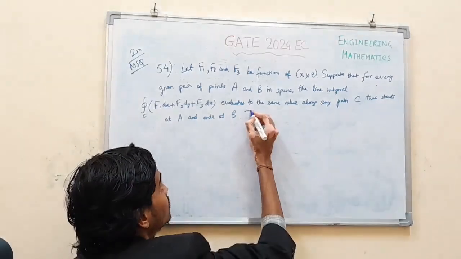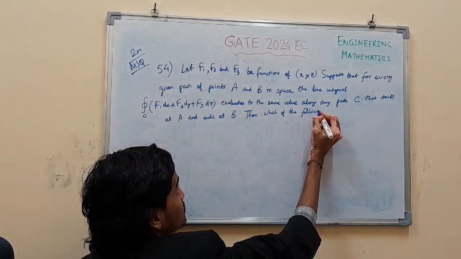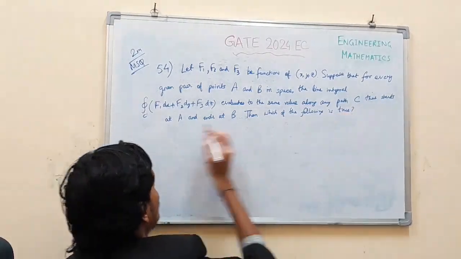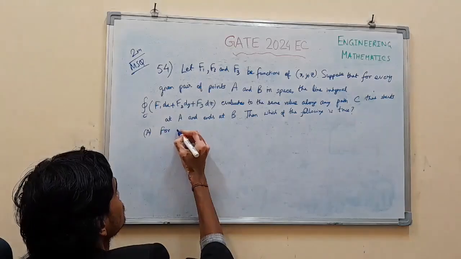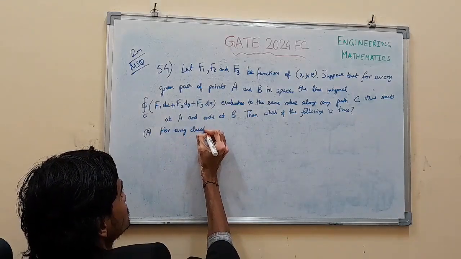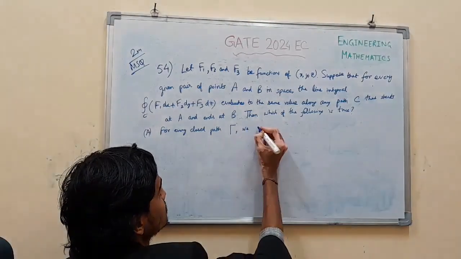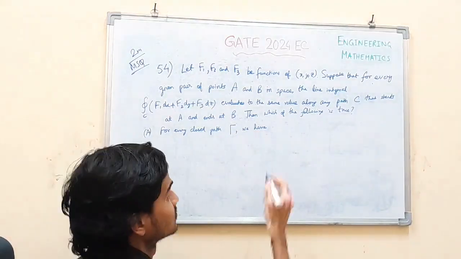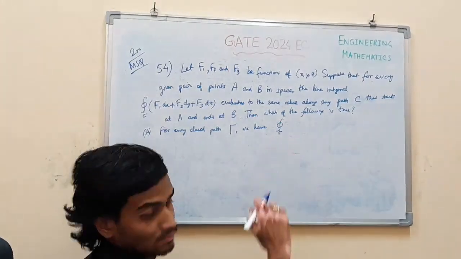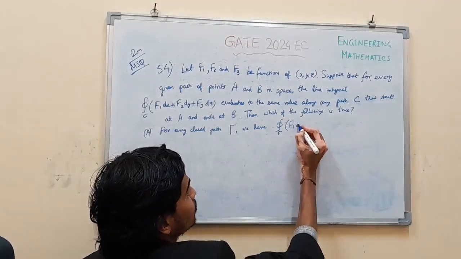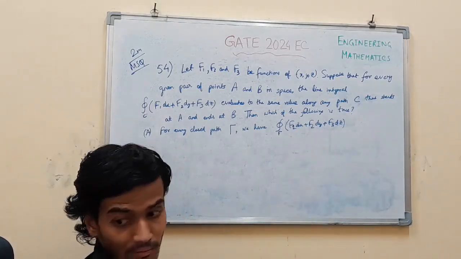Which of the following is true? Options given are: option A, for every closed path we have the integral of f1 dx plus f2 dy plus f3 dz equal to 0.